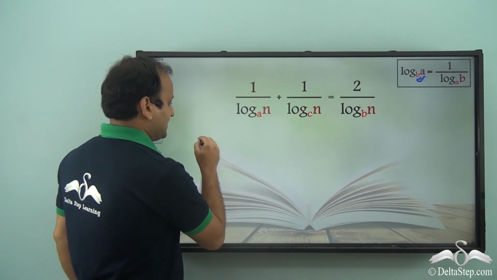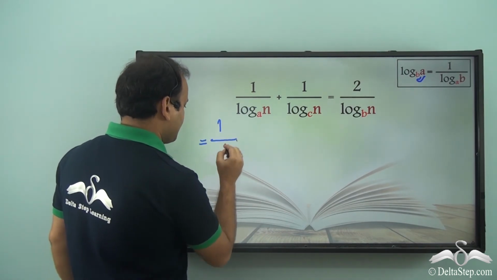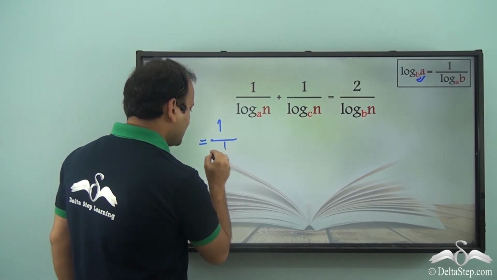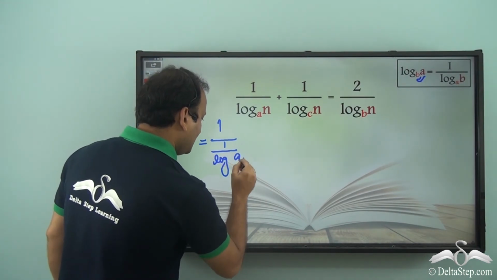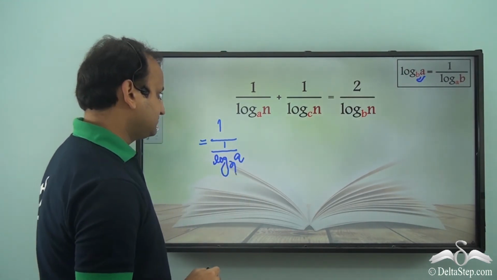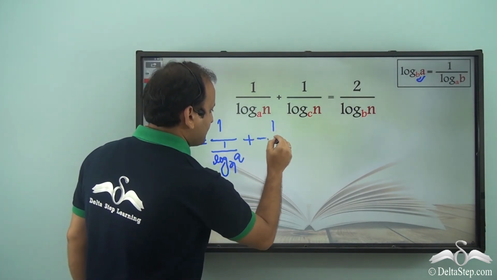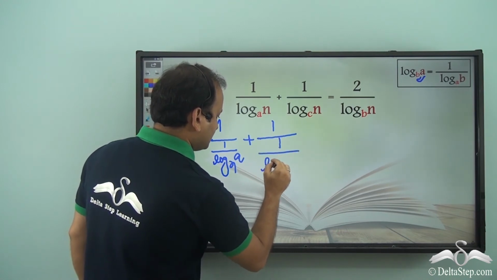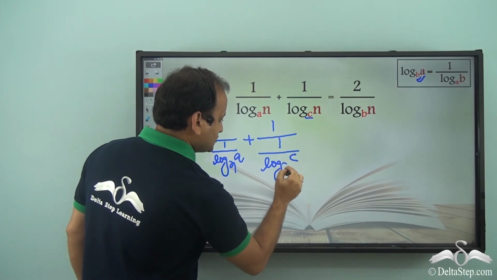So we can write this as 1 by log a to the base n. Similarly 1 by log c to the base n.